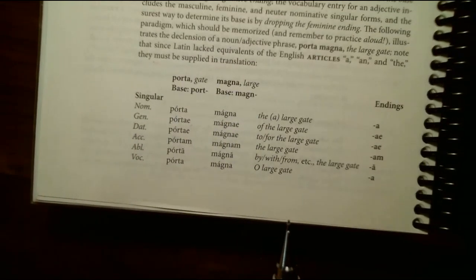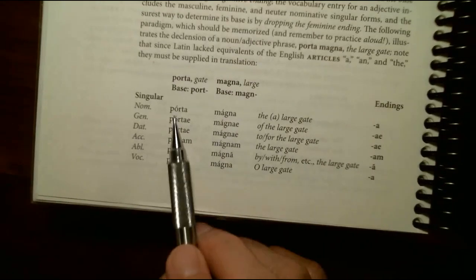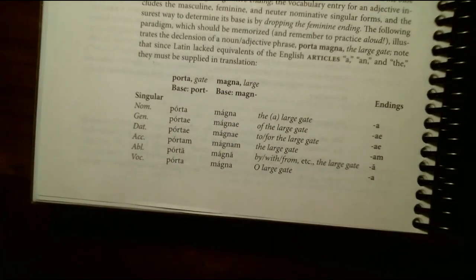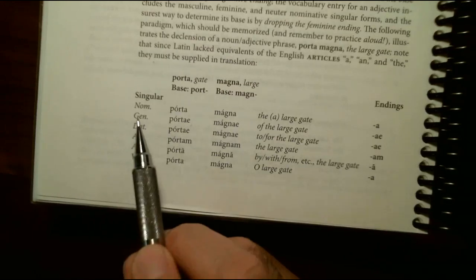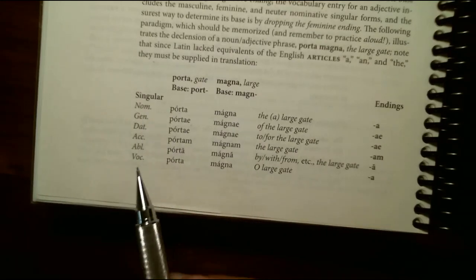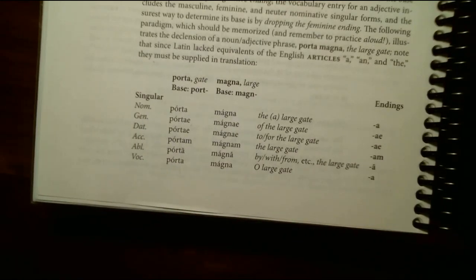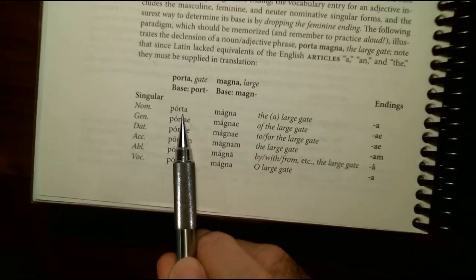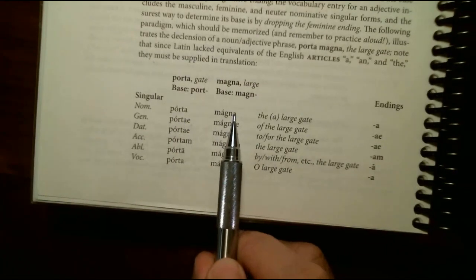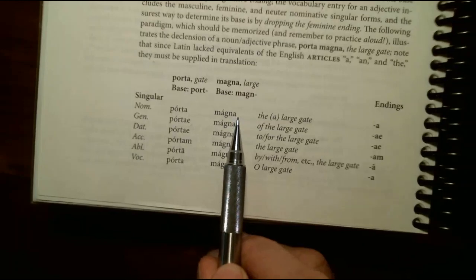Now, they have to match. The noun and the adjective have to match each other if they're going together. If the adjective is describing that noun, it has to match it in case, that is nominative, genitive, dative, accusative, ablative, or vocative, in gender, and then also in number. Number just means singular or plural. So if you have a singular gate here, porta, the adjective is also going to be singular, magna.